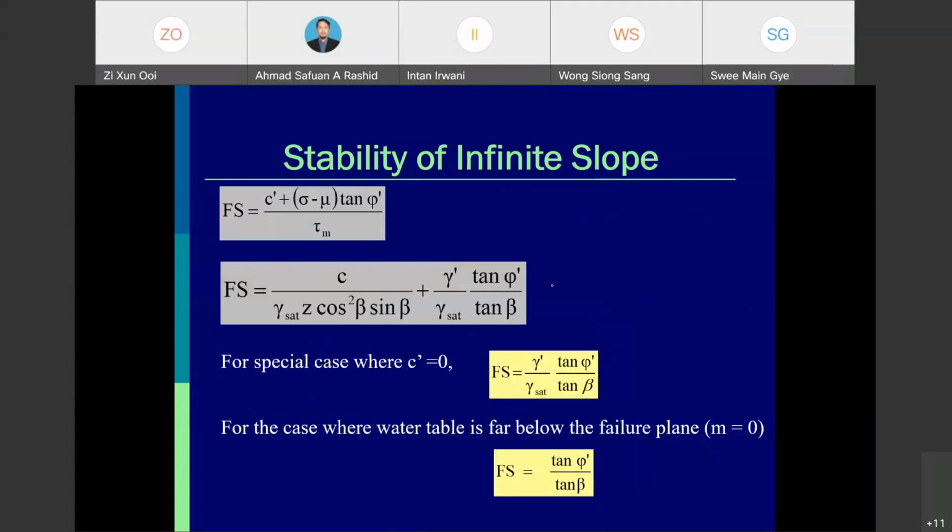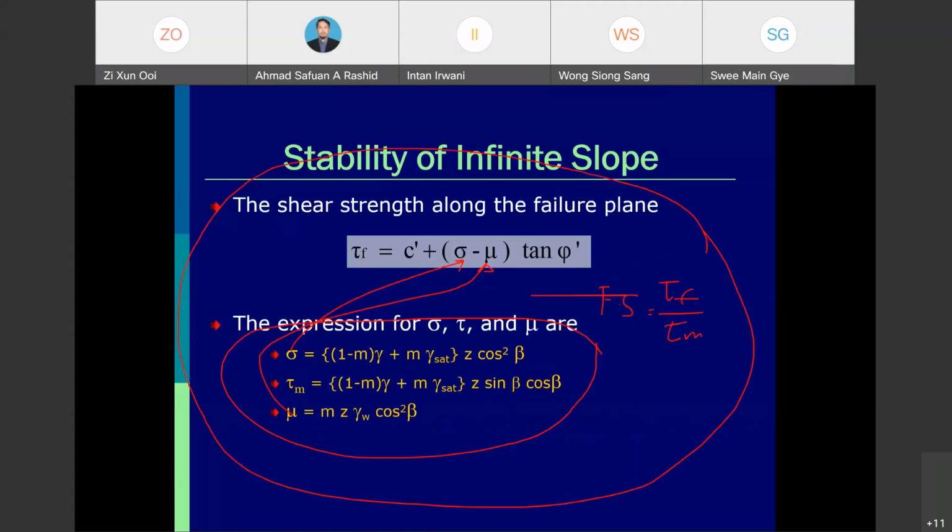For this case, it is only able to solve the problem if the groundwater level is at the surface. But by using this kind of approach, we can solve any type of problem because we understand the basics of the formula. I will show in the example later on.